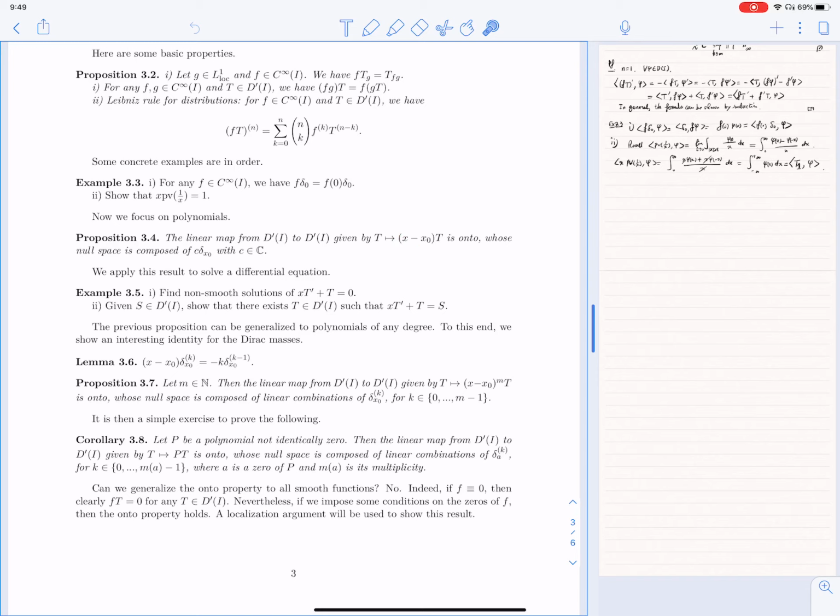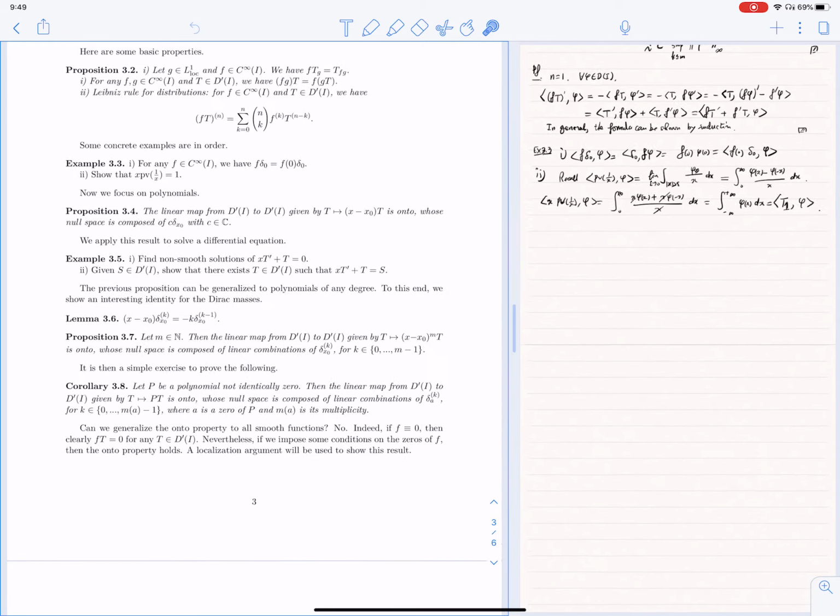This operator, this is also a linear operator, is onto. And also, the linear operator has a null space composed of only those Dirac masses multiplied by a constant. Okay? This is quite a useful fact which can be used to solve differential equations, for instance.